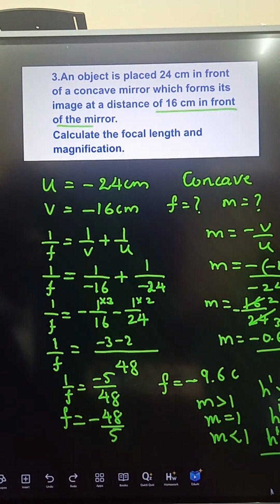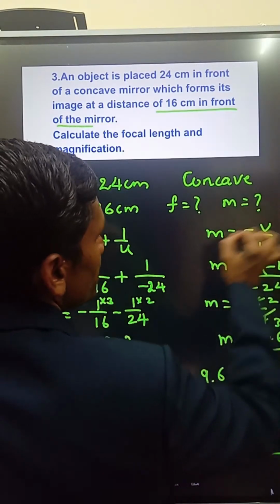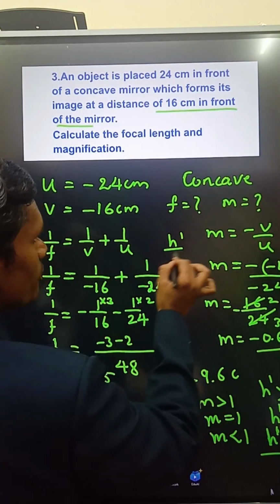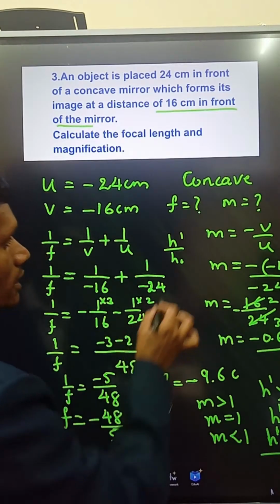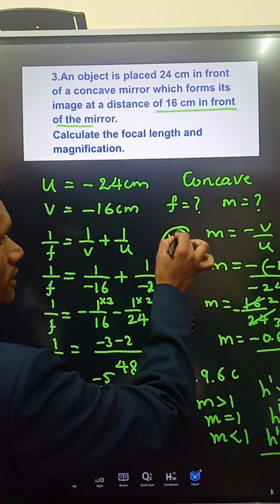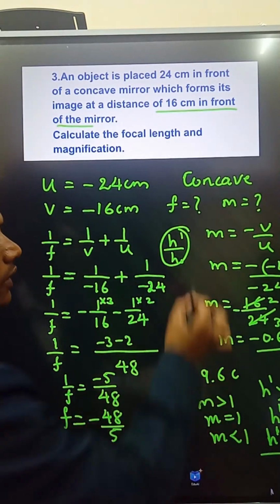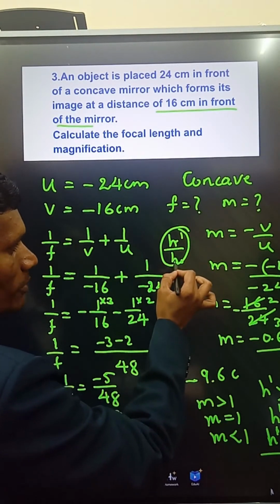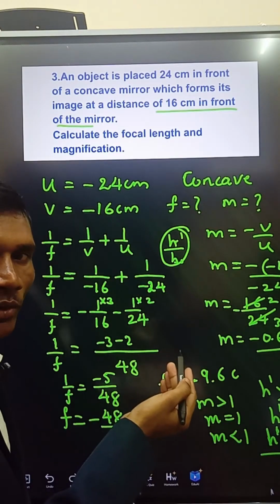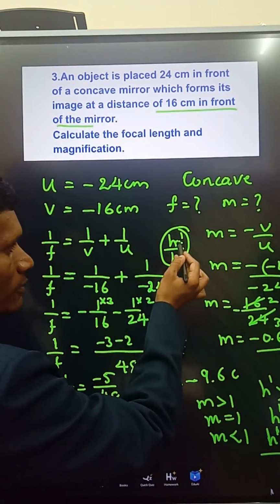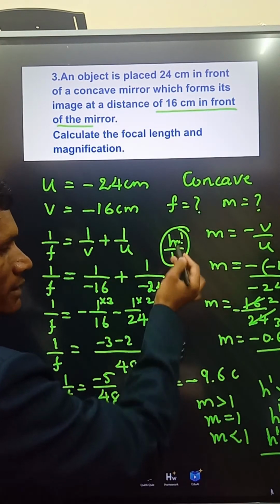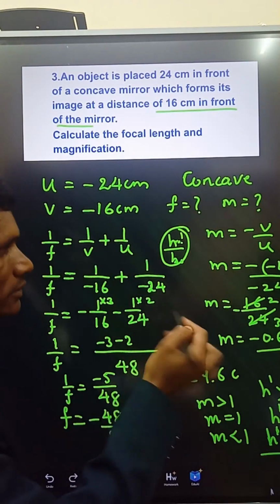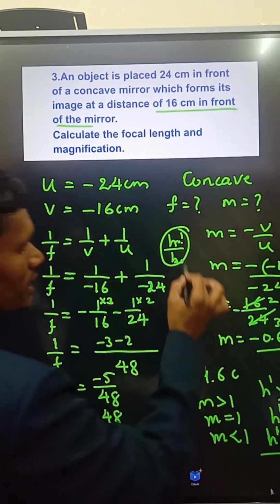Why do we get this ratio, h dash upon h naught? When this ratio is less than 1, the numerator is smaller than the denominator, and only then it has to be less than 1. If the image height is smaller, the ratio is less than 1.